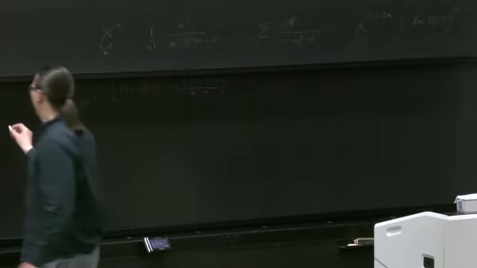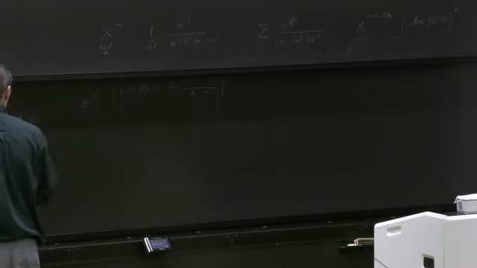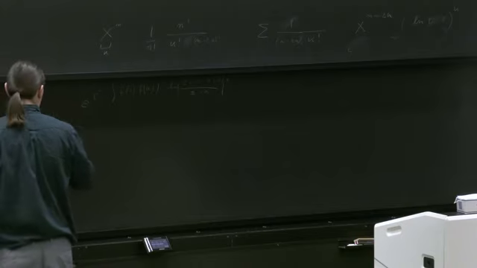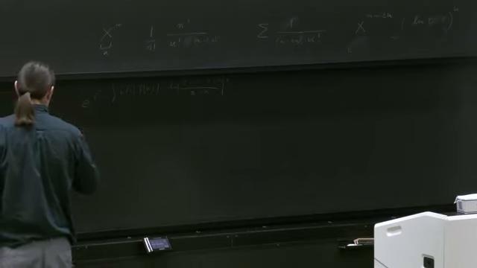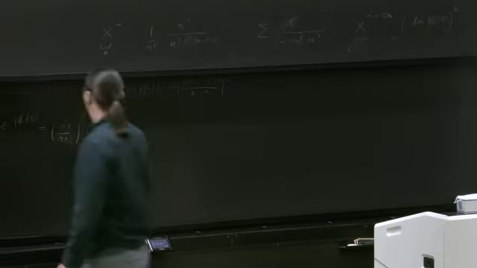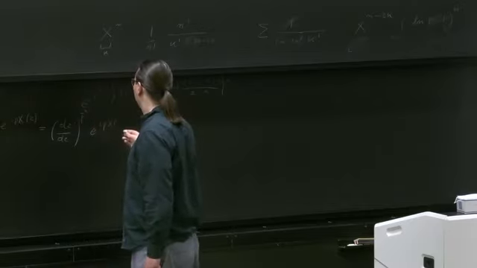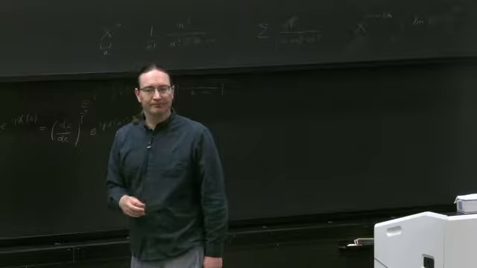And so you find that the operator e to the IPX in some coordinate system transforms as z prime over z to the p squared times e to the IPX, something like that.